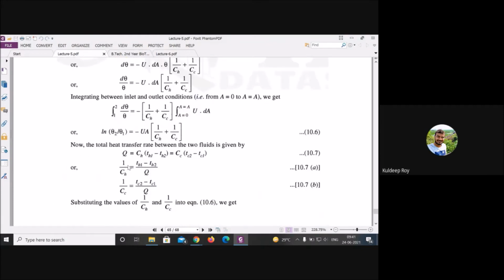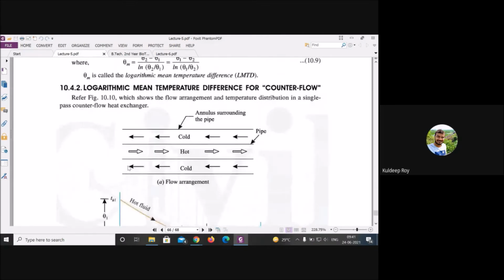Now we will check how much it will be for counter flow. In the last class we already discussed that counter means they will be opposite in direction, which means they form 180 degrees to each other. Like you can see, they are flowing in opposite directions.